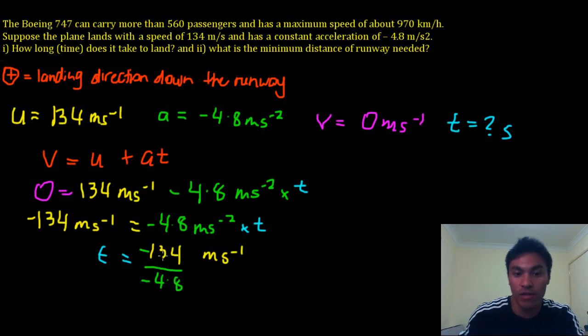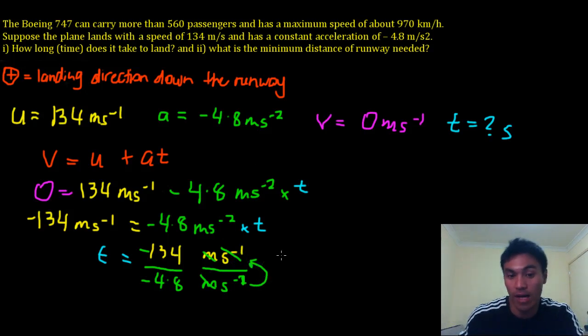Whenever you divide a negative value by a negative value, you get a positive value. So the meters per second terms cancel out, and one of the seconds comes up to the top, giving our final answer.